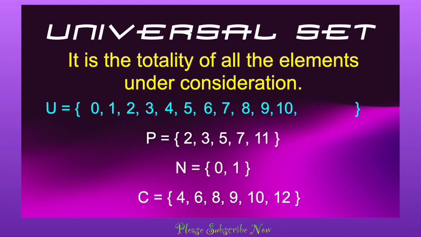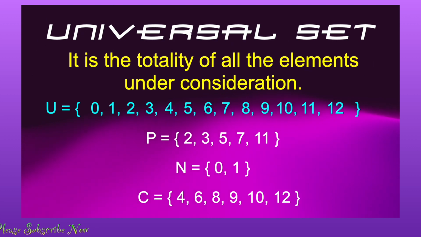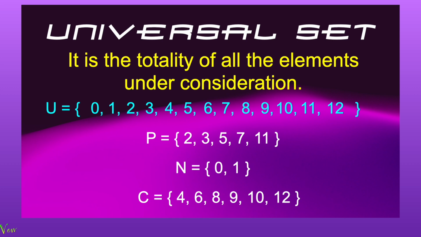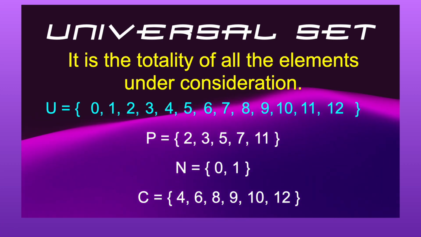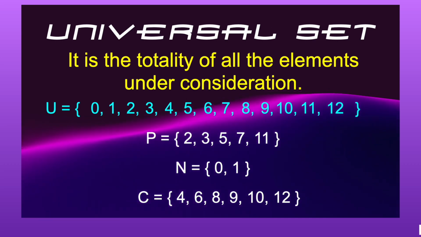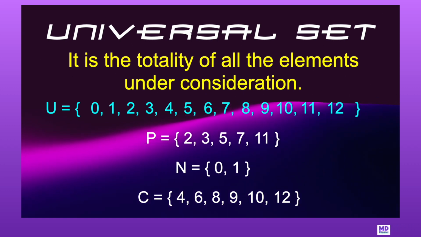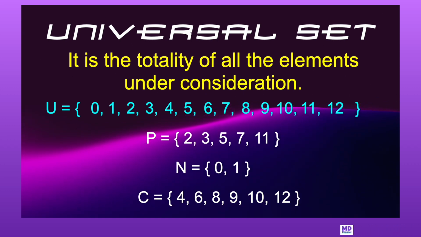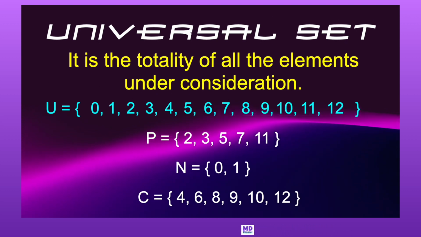After 9 is 10, 11, and last is 12. So the elements of the universal set are 0, 1, 2, 3, 4, and so on and so forth up to 12. So these are all the elements under consideration, the elements of set P, set N, and set C.